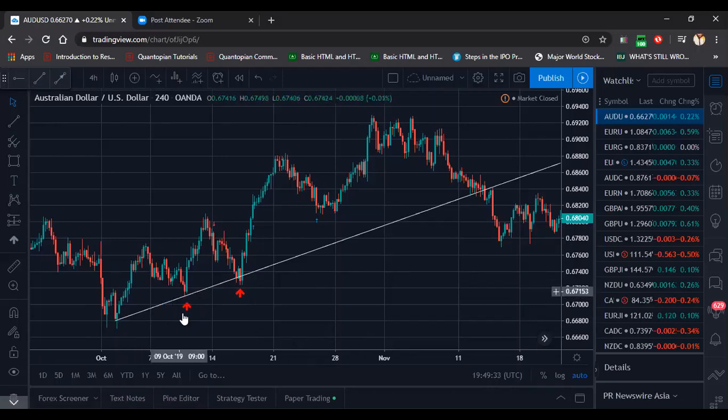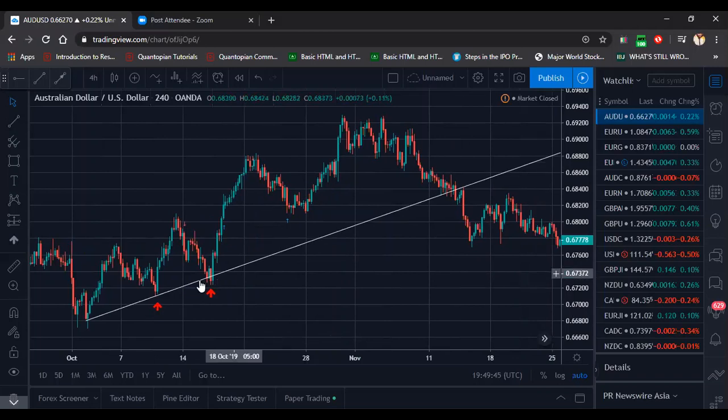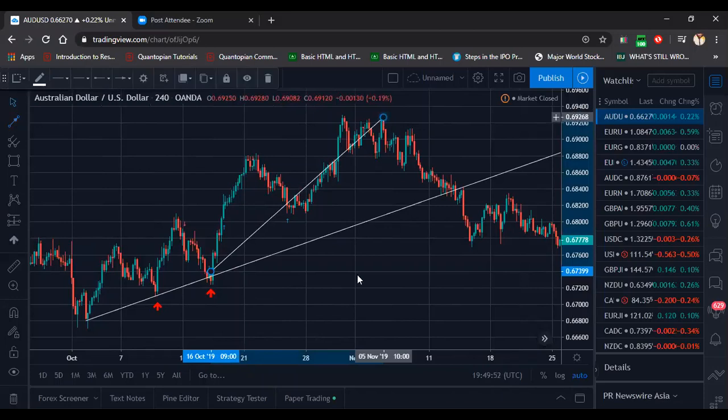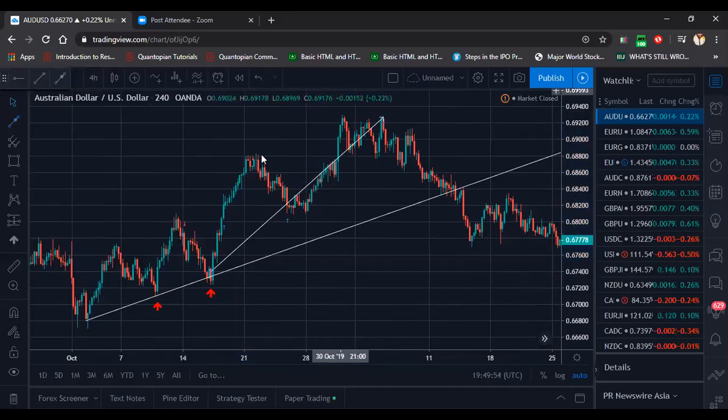So I would have entered the trade here. Or if I missed the trade here, I'll wait for another retest of my support line and enter the trade. So price got to this level and then boom, I bought. The moment I bought, price went up, up, up to this level. You get it? So that is how you trade support and resistance lines.